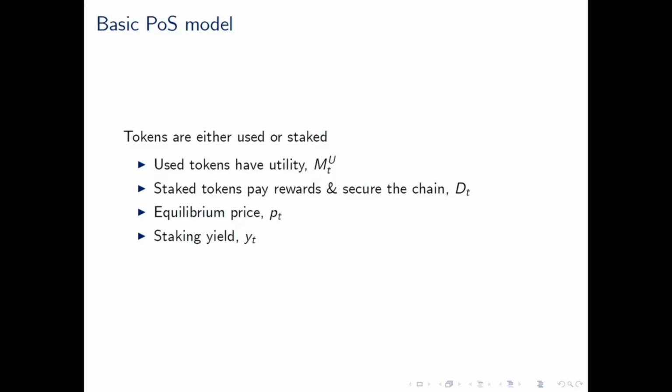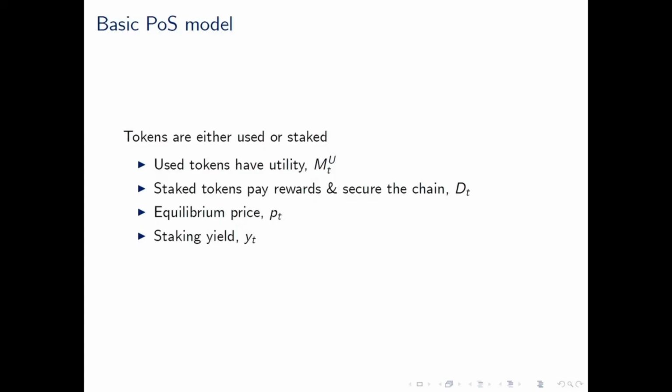There's a price, the dollar price of a token, and there's the staking yield Y that compensates stakers. Think of Y as the policy variable: the protocol designer decides that. And that's the model.